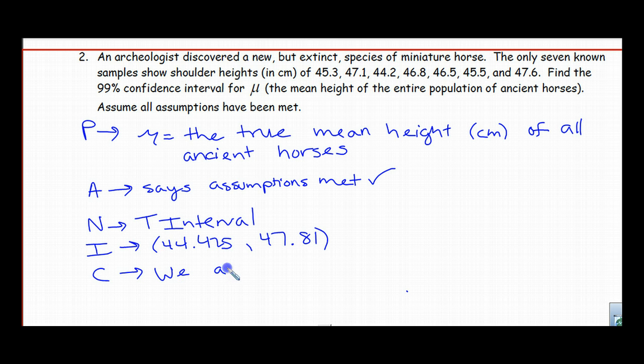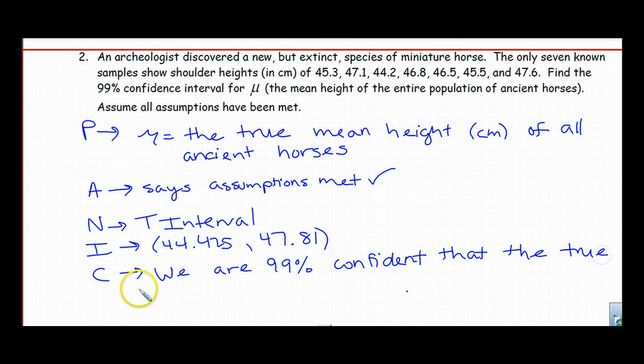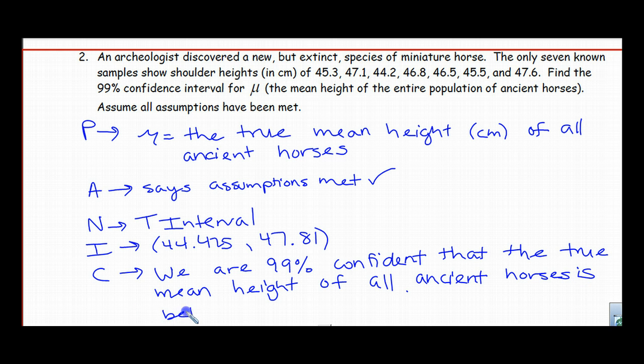We're going to say we are 99% confident that the true mean height of all ancient horses is between, and I'm going back to this, 44 point, and if you round off a little bit, that's okay here, between 44.8 centimeters and 47.8 centimeters.